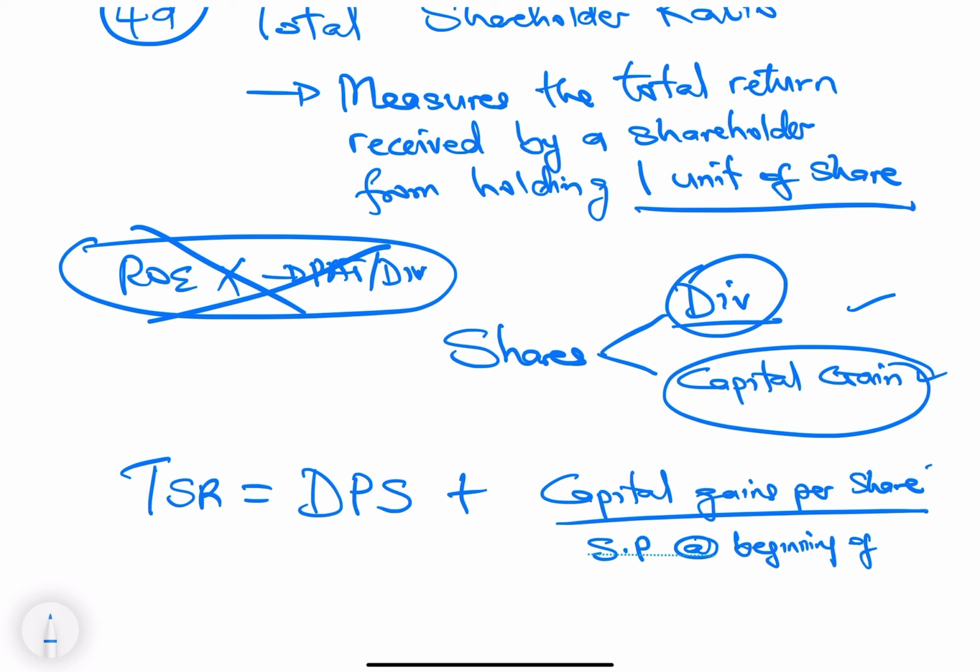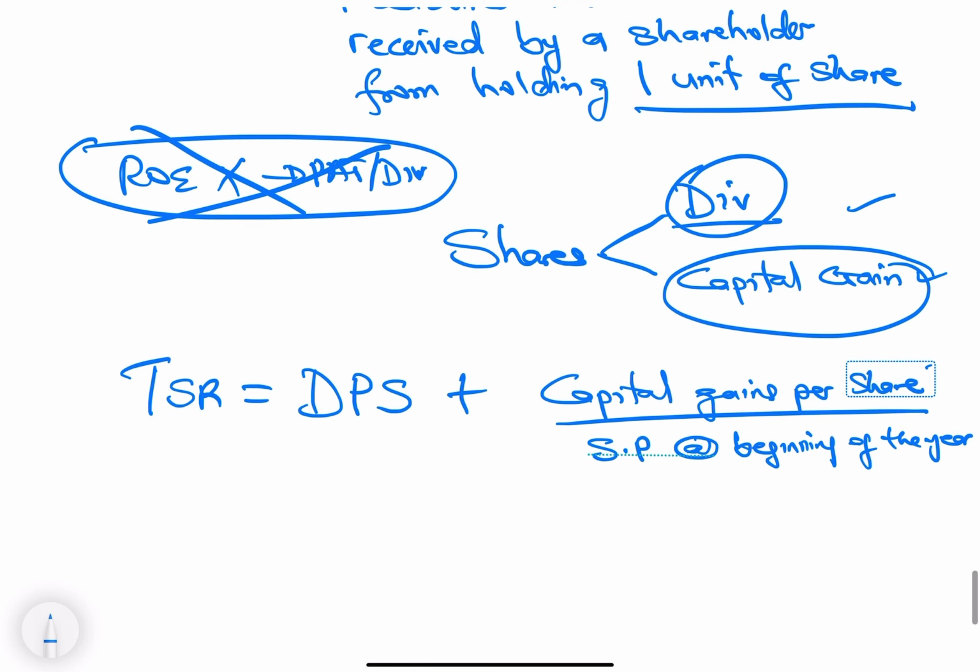So you make this profit, then you divide by the amount you invested at the beginning of the year. That gives you the return per the capital gains you make for that particular share. And definitely, you know that the higher, the better.